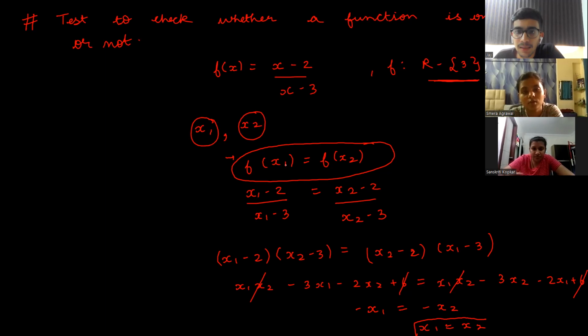ठीक है। अगर f of x1 इक्वल टू f of x2 हो गया, एक ऐसी कंडीशन अगर मुझे मिल जाती है कि f of x1 इज इक्वल टू f of x2 हो गया, इन दैट केस माय फंक्शन इज नॉट 1-1। यहां तक समझ आया?